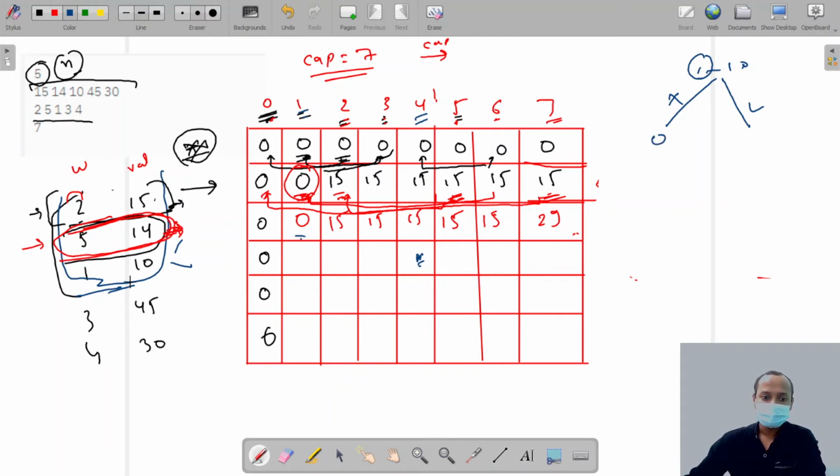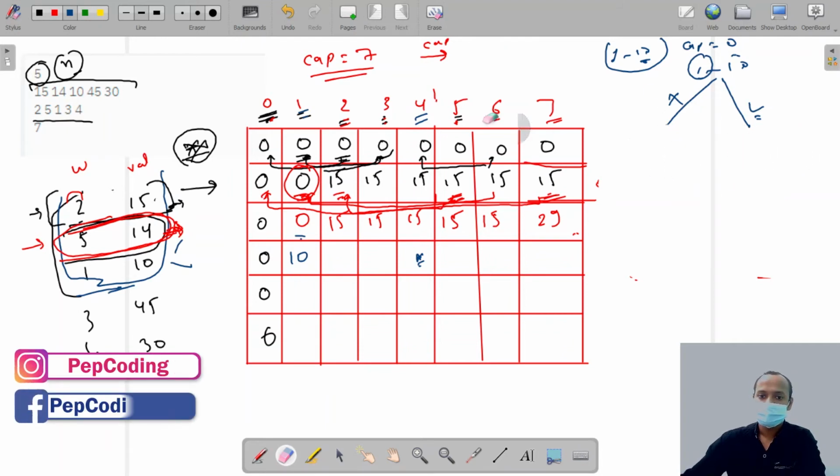And if we put this item in our bag, the capacity is 0, and at 0 we get 0 plus the value of this item, 10. It means 10. We have to include this item because here we get the maximum. So I'm writing 10.